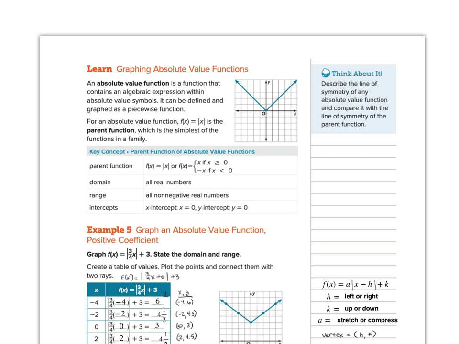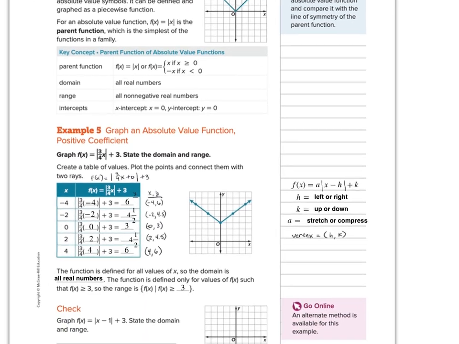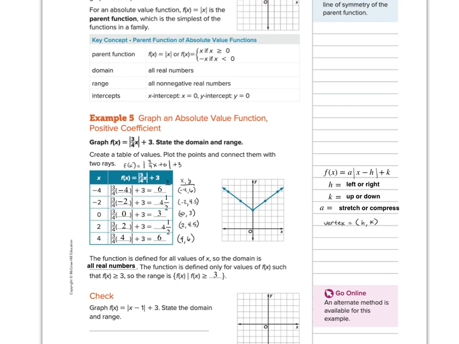Now, things to remember: the basic transformations for functions also apply to absolute value functions. You have a, which makes it enlarge or shrink, and also flip upside down, to open up or open down. Inside the absolute value, the grouping symbol, you have your h, and outside you have your k.